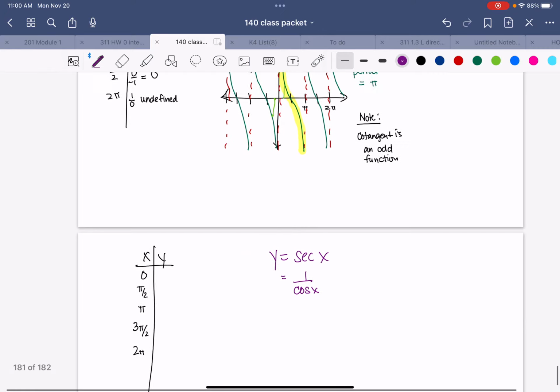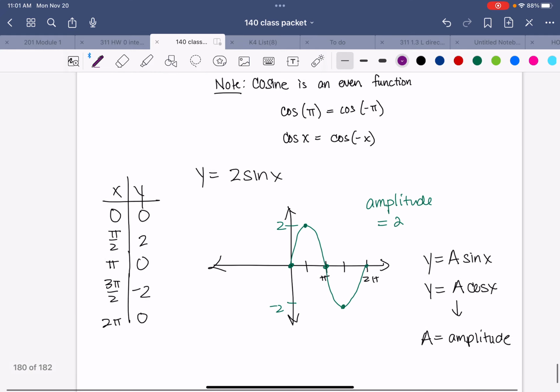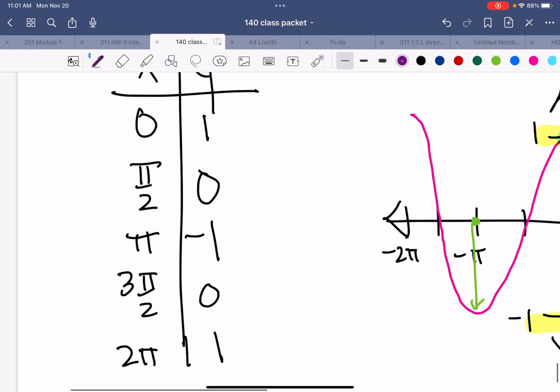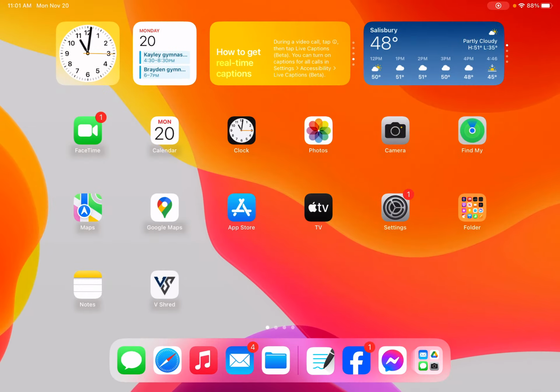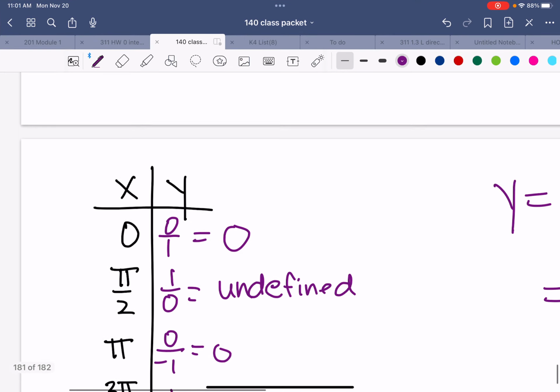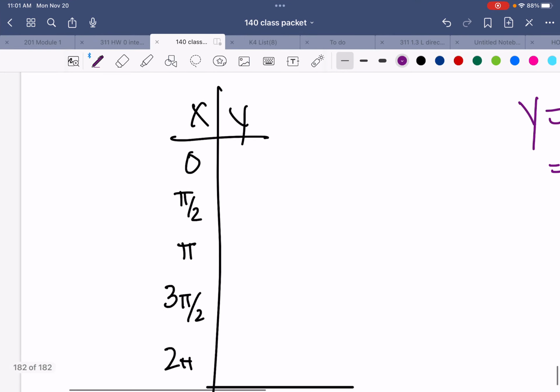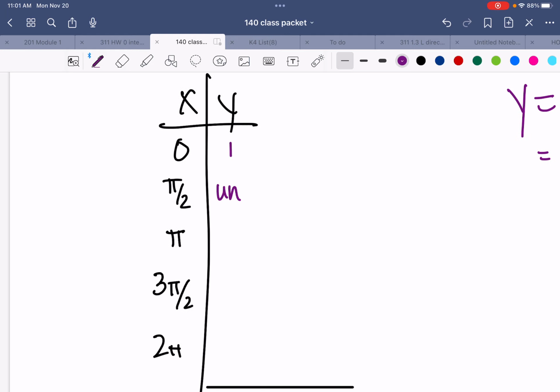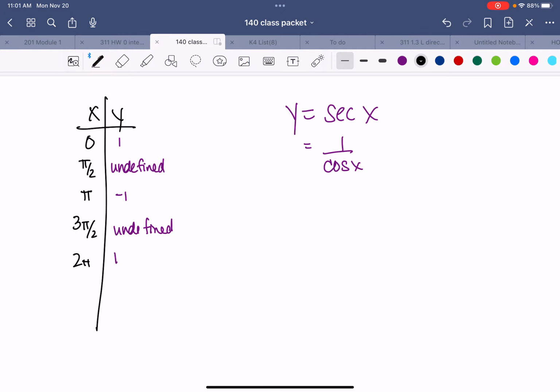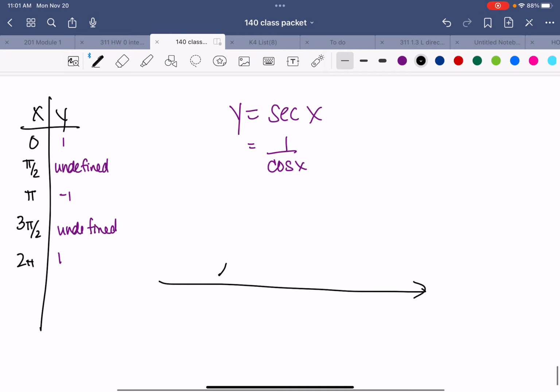So we're going to essentially go up to our cosine values, which are these, and we're going to flip them over. So when you flip over 1, you're going to get 1. When you flip over 0, you get undefined. So we're going to get 1, undefined, -1, undefined, and 1.